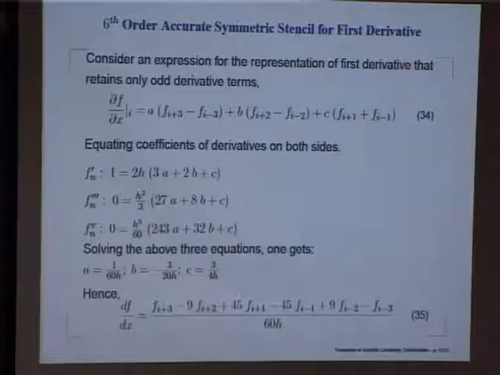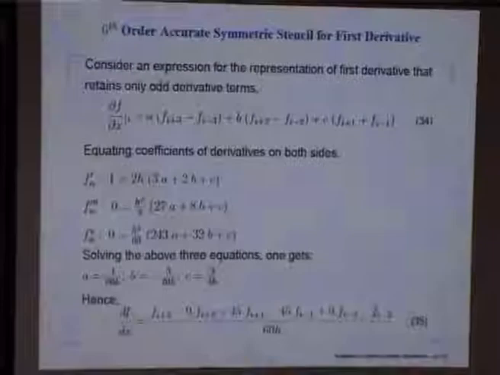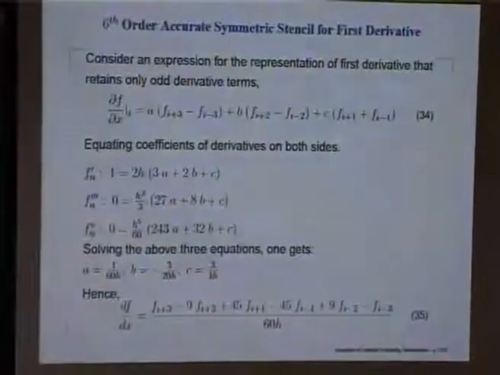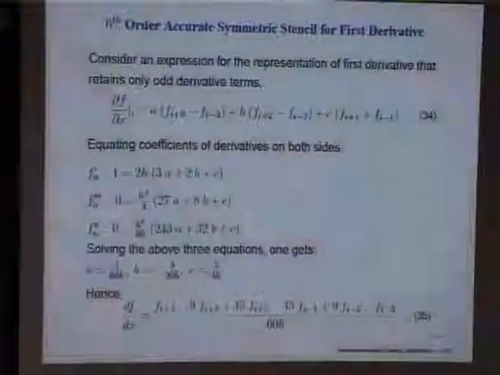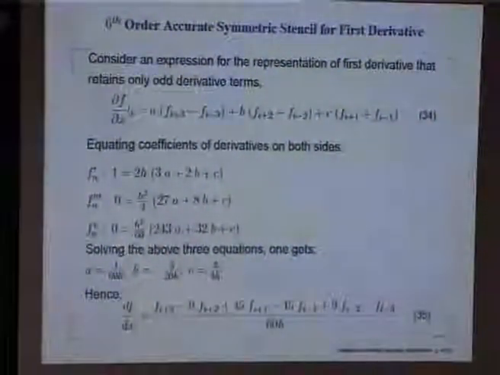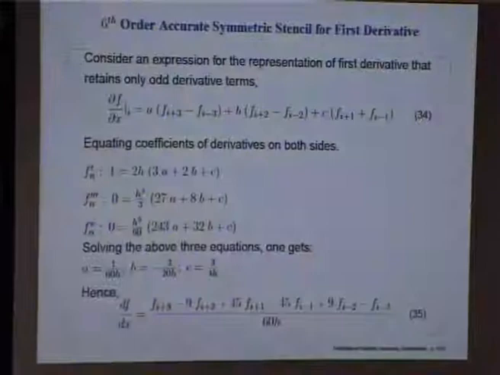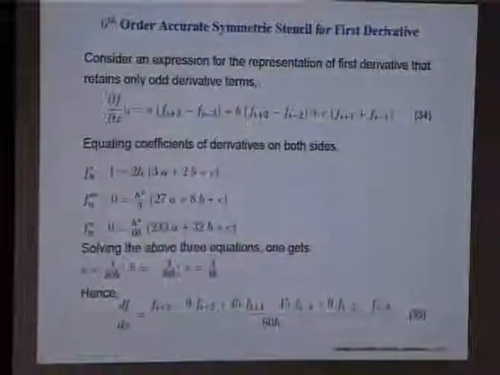And if I club them in this clever manner, then what do I notice? All the even derivatives will disappear because of this minus sign, you see, f i plus 3 minus f i minus 3, f i plus 2 minus f i minus 2.